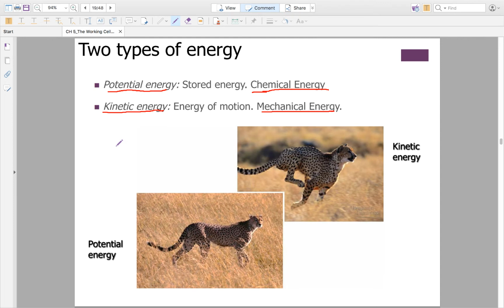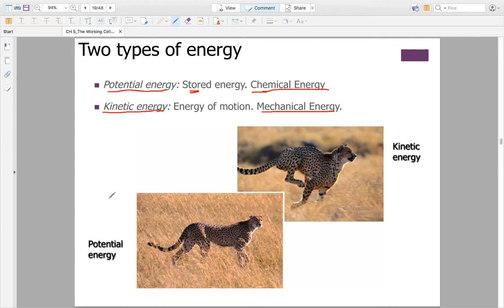So the two types of energy, according to the laws of thermodynamics, are potential and kinetic. Think of potential. What is something that has potential? It has the ability to do something, right? In other words, it's stored. It's stored energy.